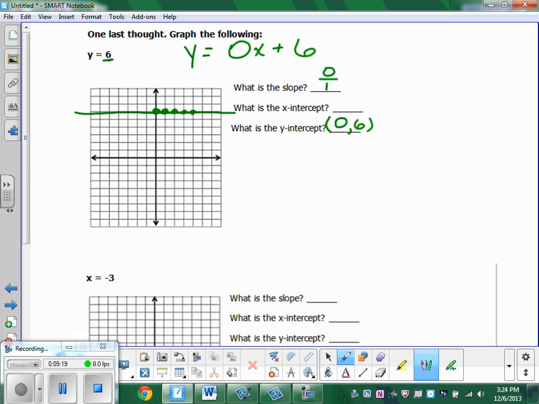What kind of line have we created? It seems that we have a horizontal line that is parallel to our x-axis. Since it's parallel, it will never cross the x-axis. Therefore, we will never have an x-intercept for this graph. So our x-intercept here is none.